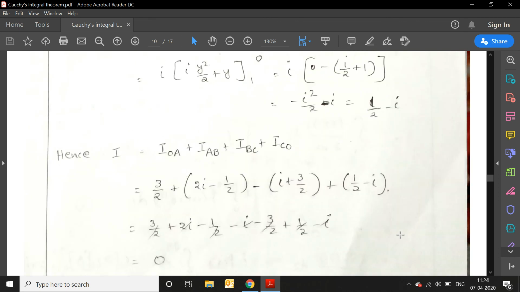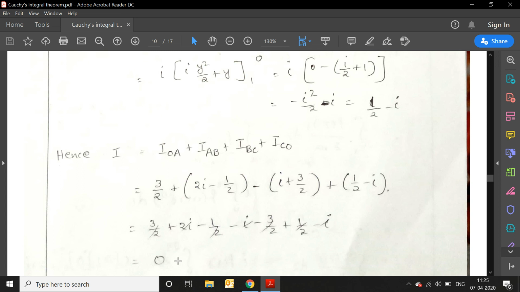Finally, we add all four integral values to get I equal to I_OA plus I_AB plus I_BC plus I_CO. So the I_OA value is 3 by 2, the AB value is 2i minus 1 by 2, and the BC value is minus of (i + 3 by 2), because I_BC is a negative value, plus the last value 1 by 2 minus i.